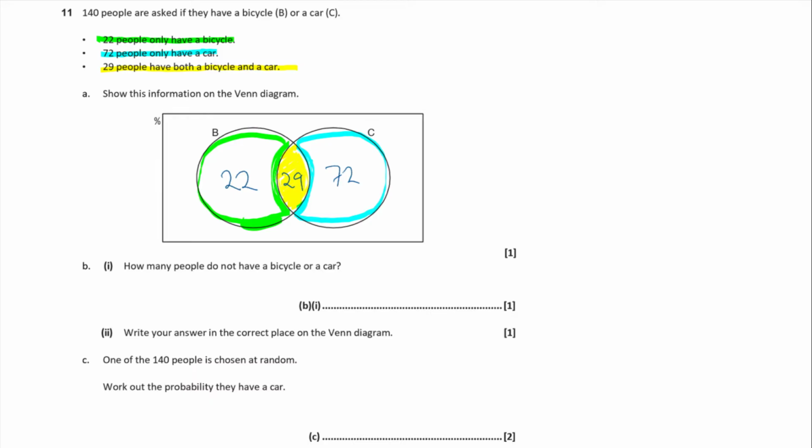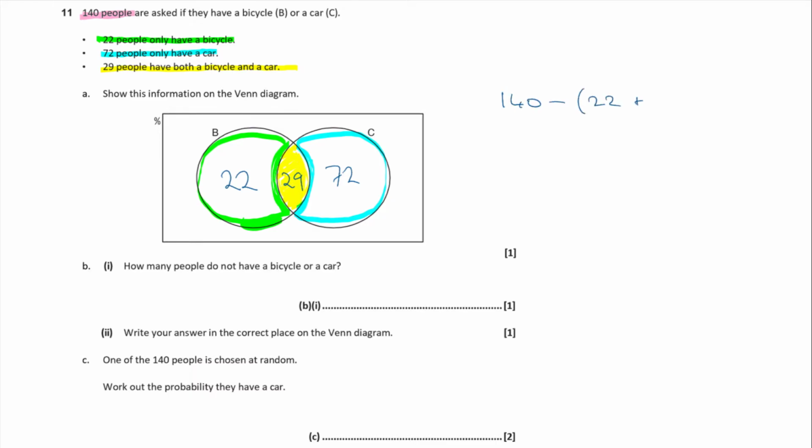Now, finally, we're not quite done here, because it also says there are 140 people altogether. And so far, I've only got 22 plus 29 plus 72 people on my diagram, which does not add up to 140. So the number of people that go outside the two circles but inside here is going to be given by 140 minus those three other regions.